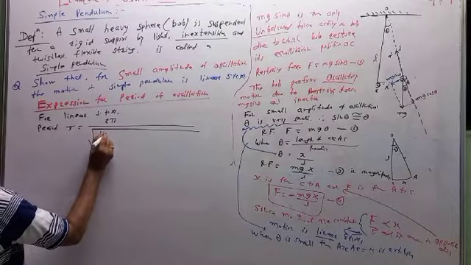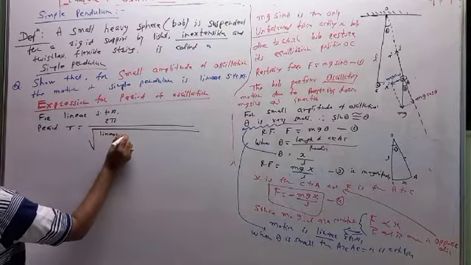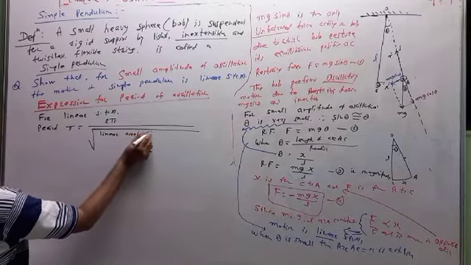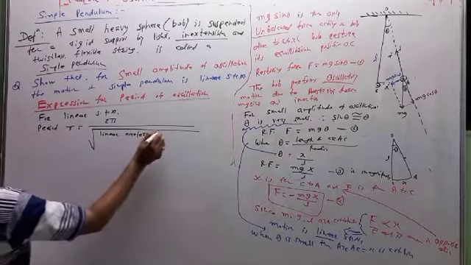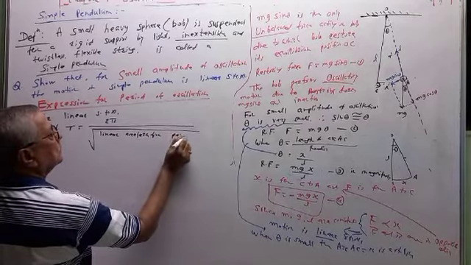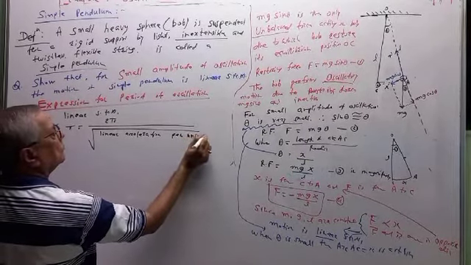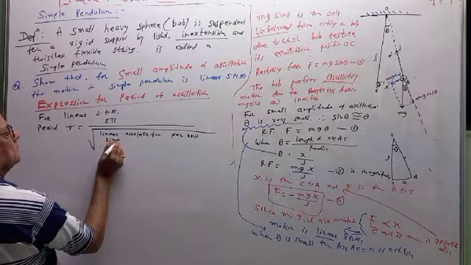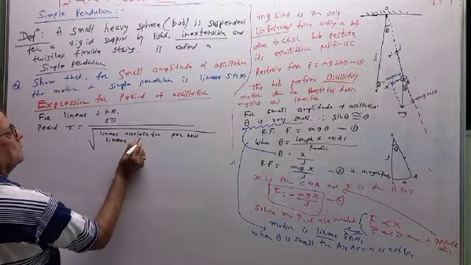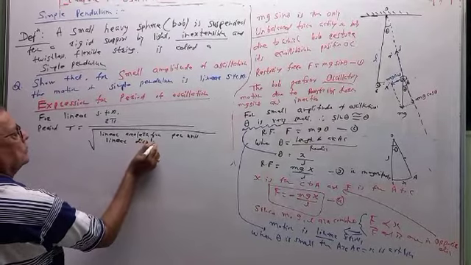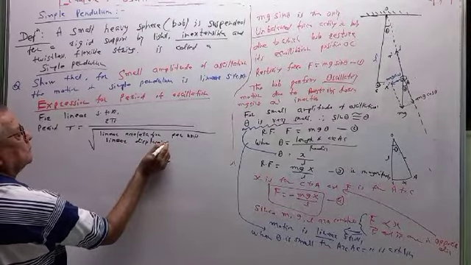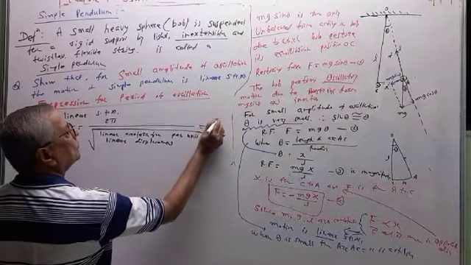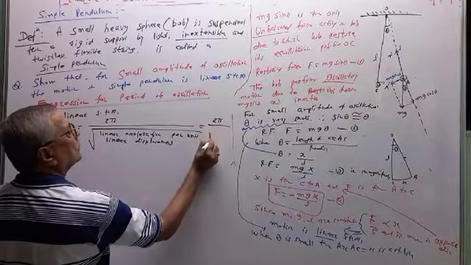Linear acceleration per unit linear displacement. Symbolically, it is equal to 2 pi upon under root.